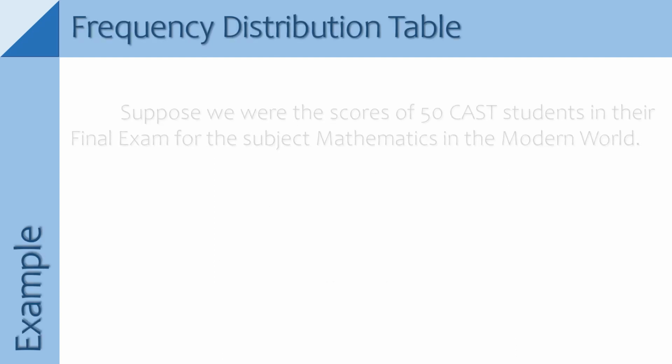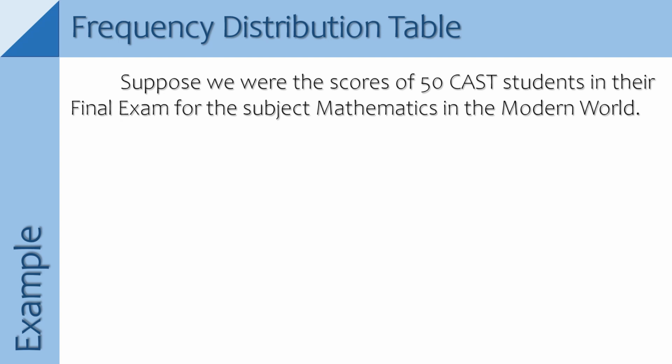Okay, so for example, suppose we have the scores of 50 CAS students in their final exam for the subject Mathematics in the Modern World.